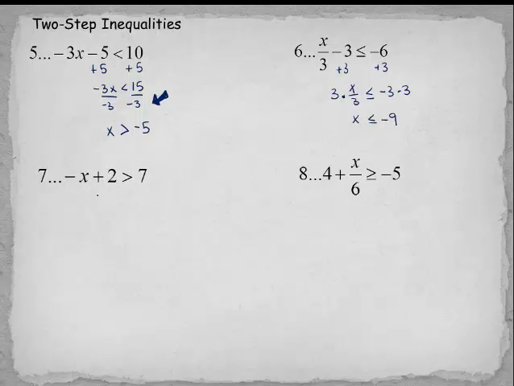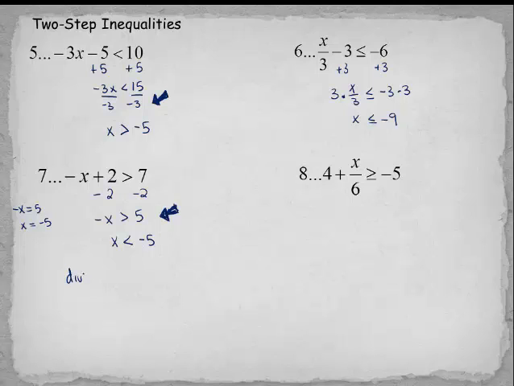Here I have negative x plus 2 is greater than 7. I'm going to subtract 2 from both sides. Negative x is greater than 5. And when I had an equal sign, if it was negative x equals 5, I told you to switch both signs like that. Well, we're going to do the same thing, but because that x is negative, we have to flip that inequality.